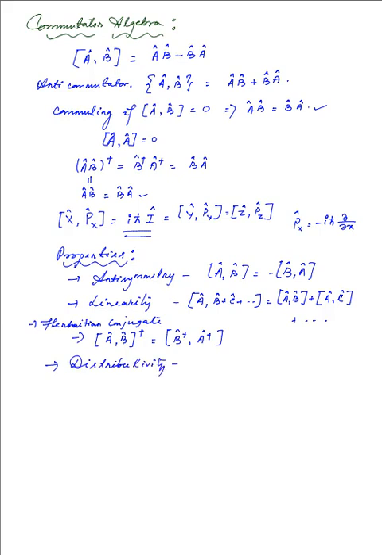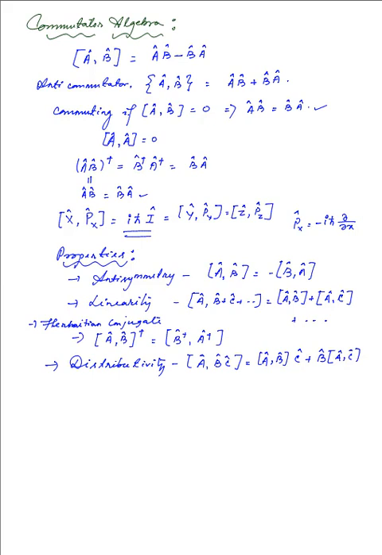Now we can consider the case of products, that is, the commutator of A with BC will be equal to the commutator of AB followed by product with C, added to B multiplied by the commutator of AC.